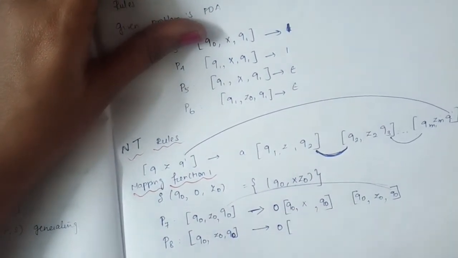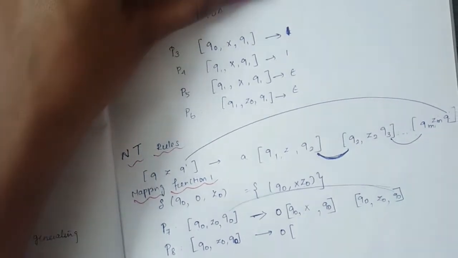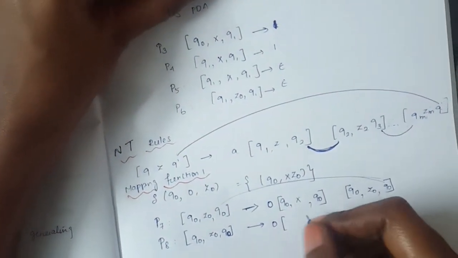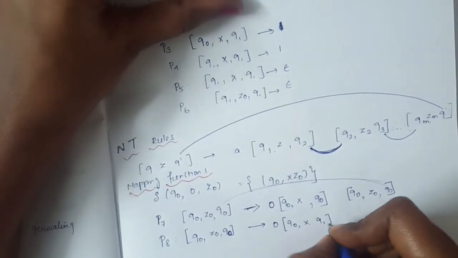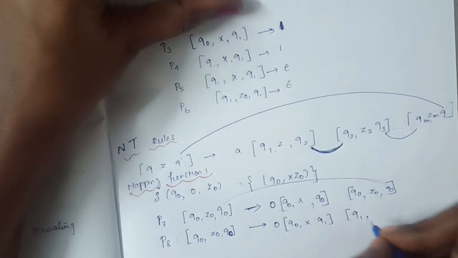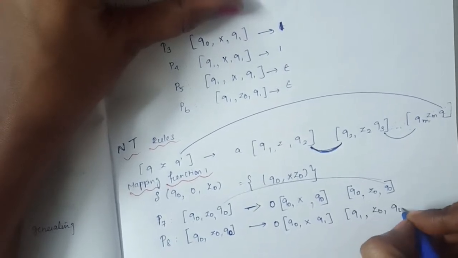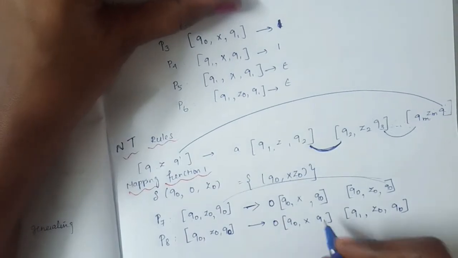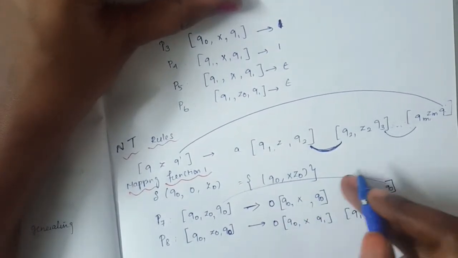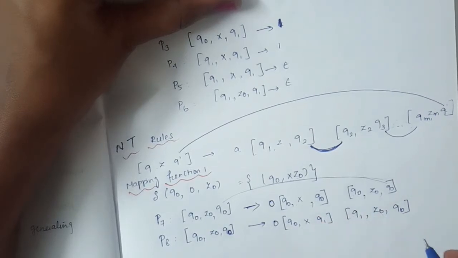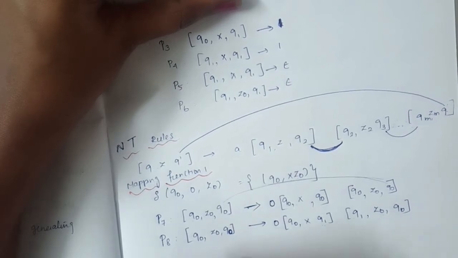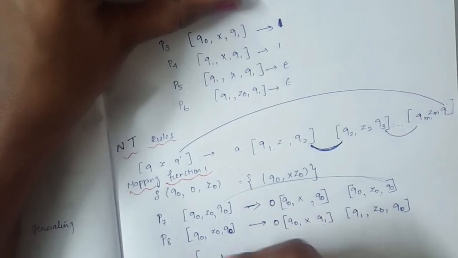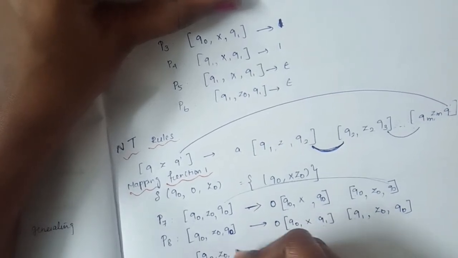When I use the same symbol Q0 x Q1, again I have to write Q1 z0 Q0. As usual, x is split into two parts and I have to write it. So Q1 and Q1 will be there, and Q0 will be matched with this last term. And again P9: Q0 z0 Q1.